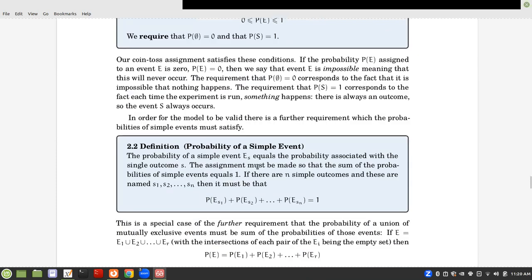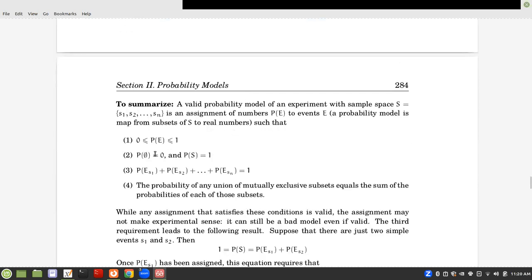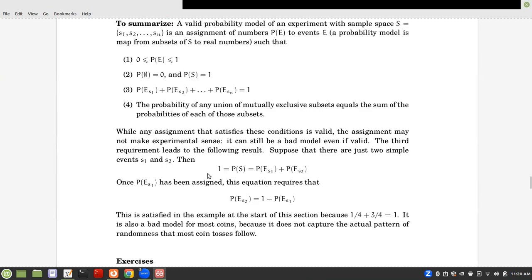And this is a consequence of these three, one, and then the probability of the union of mutually exclusive subsets equals the sum of the probabilities of each of those subsets. So 3 and 4 are connected with each other. And so here's the idea about what we just mentioned.